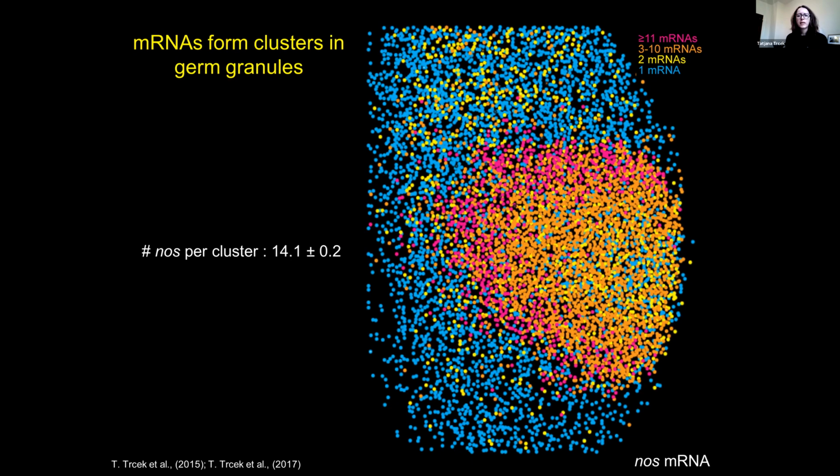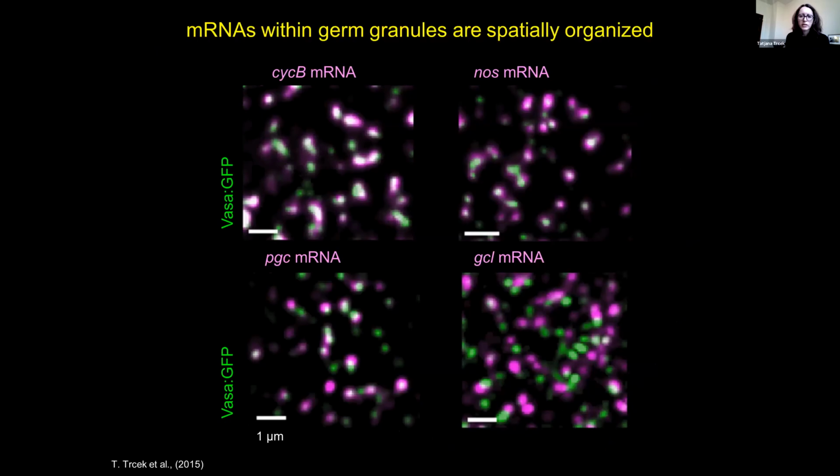So we wondered how these mRNA clusters belonging to different genes relate to each other within the granules. And we looked at cyclin B, nanos, PGC, and GCL mRNA clusters. We labeled them with smFISH probes, here shown in magenta. And we asked how they're relating to each other, but also how they're relating to the protein content of the granule, labeled here with the core granule protein VASA, tagged with GFP.